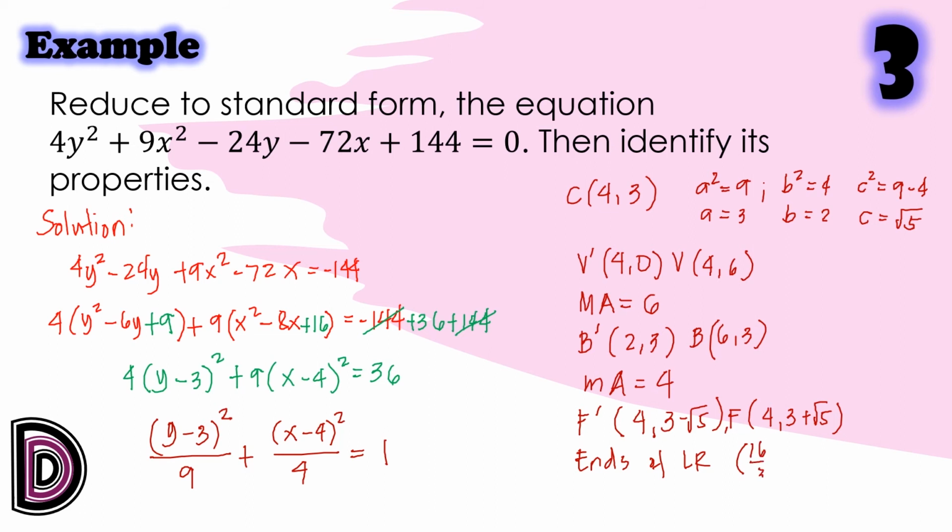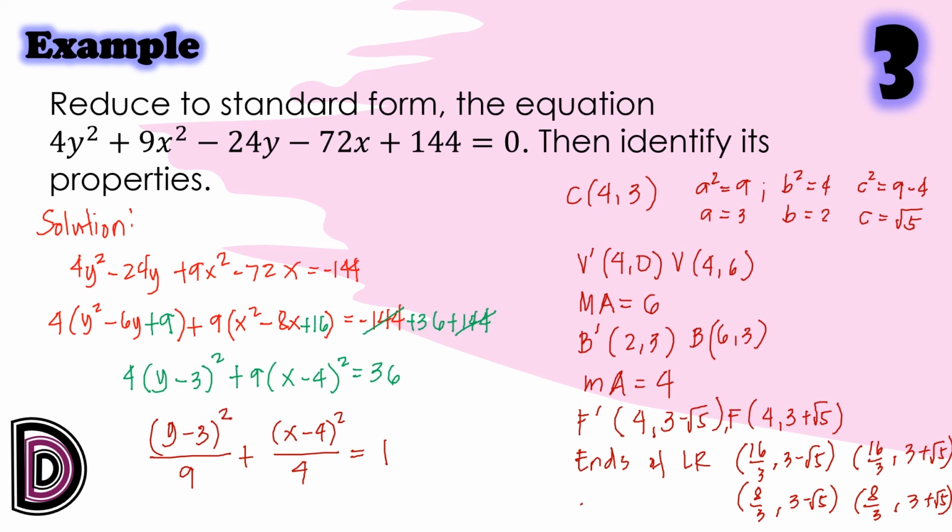16 over 3, 3 minus square root of 5, 8 over 3, 3 minus square root of 5, and then 16 over 3, 3 plus square root of 5, also 8 over 3, 3 plus square root of 5.